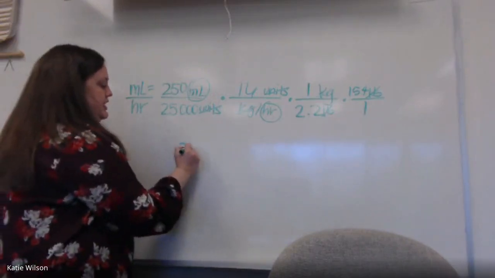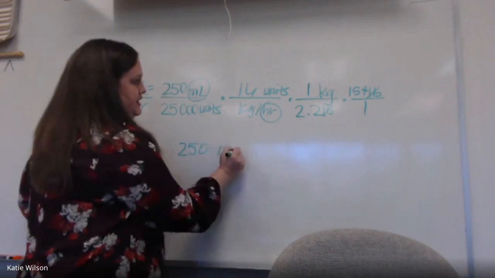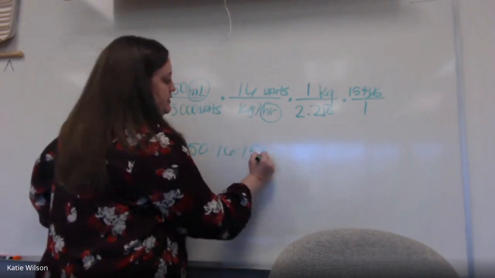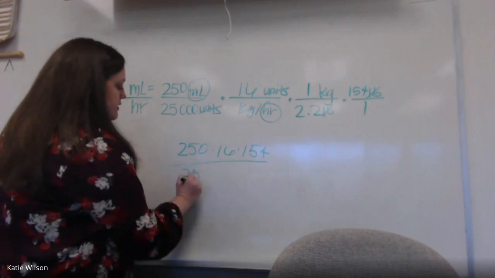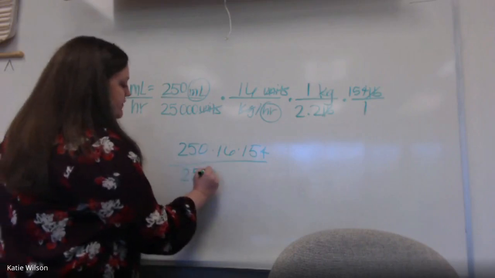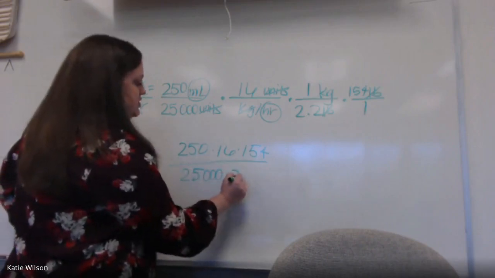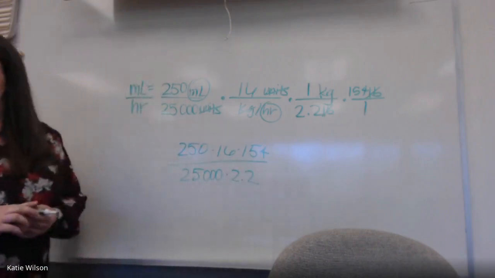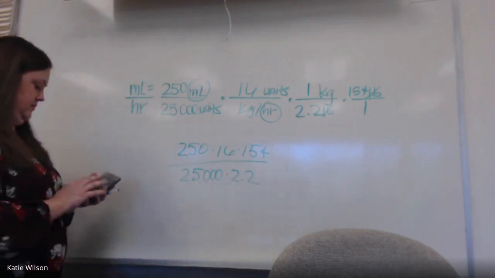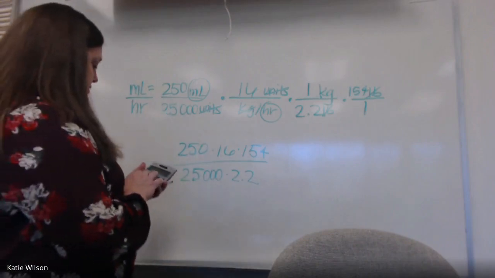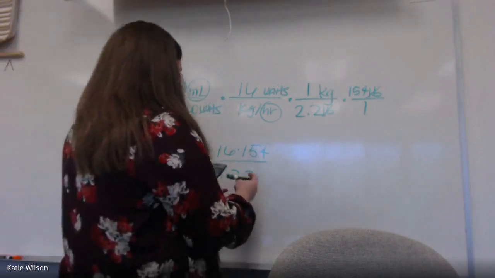So you should have 250 times 16 times 1 times 154 all over 25,000 times 2.2. So did we get 616,000 on top?